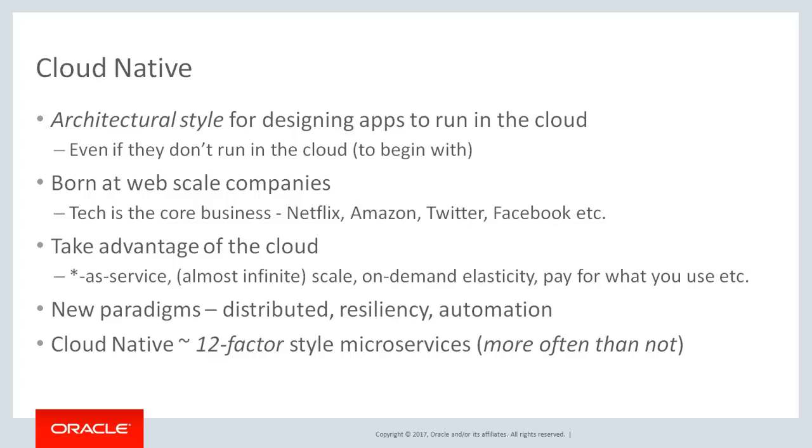Now the USP of these cloud native style applications is the fact that if designed and built properly, they can extract maximum value from what the cloud actually has to offer. And these are things like the ability to consume anything as a service, scalable infrastructure, a viable cost model where you pay for what you utilize, and so on and so forth, right?